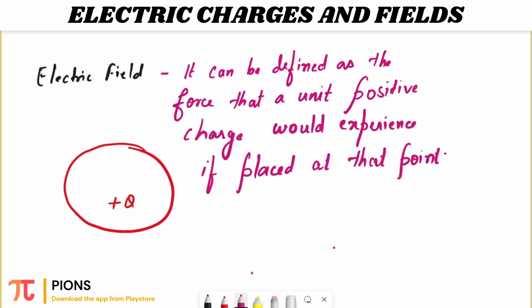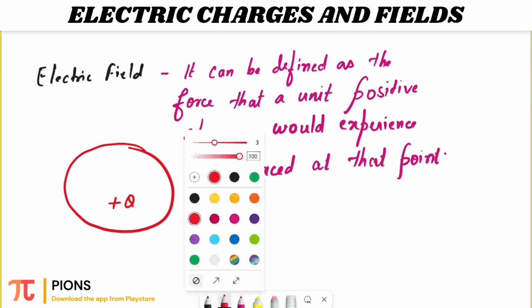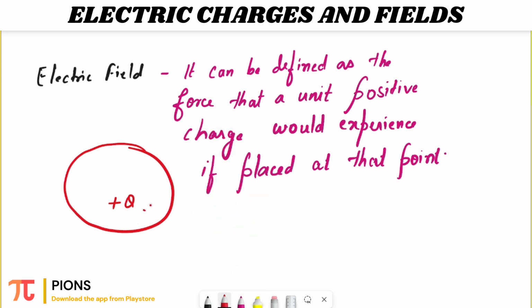Which means if you place a small positive charge at any point in the region of the source charge, we call this charge as source charge, whose electric field we are looking for. If you place this small test charge in the region around this positive charge, it will experience a force.